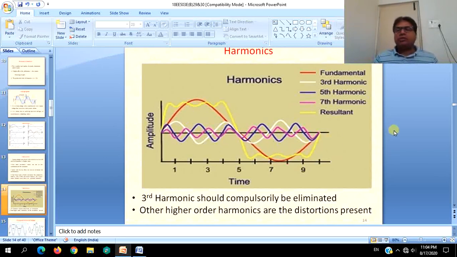So we have to do something to eliminate the third harmonic. It has to be compulsorily eliminated, and in most cases that will be done by passive and active filters. Fifth harmonic and seventh harmonic will have to be filtered according to the need. Third harmonic should compulsorily be eliminated owing to its high magnitude. Other higher order harmonics are the distortions present in the wave, which should be eliminated according to the requirement.